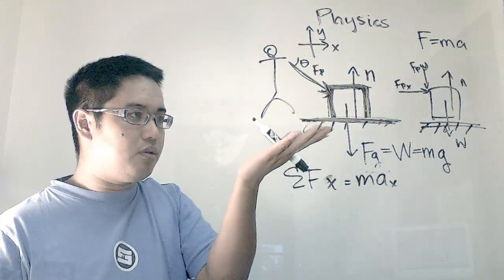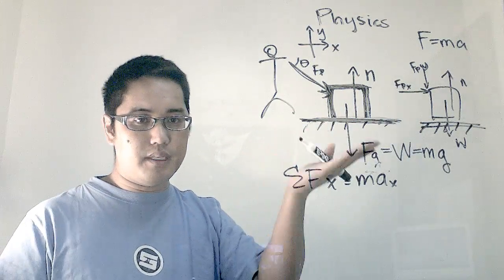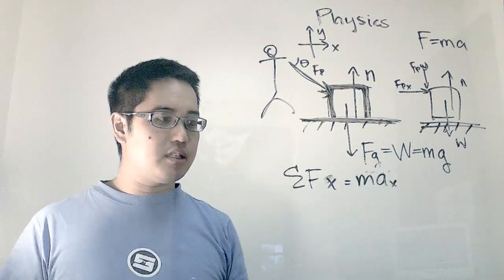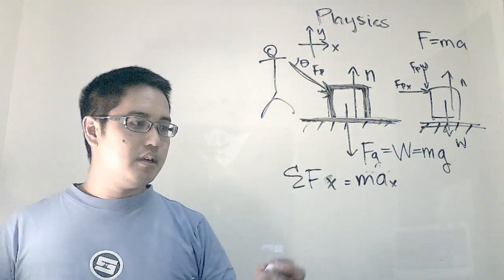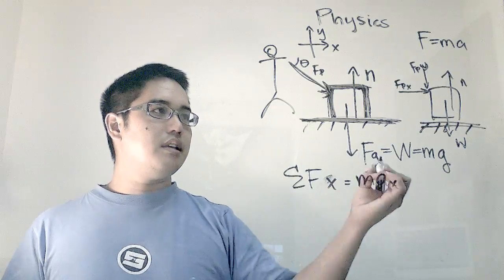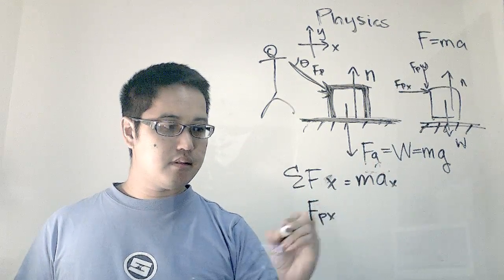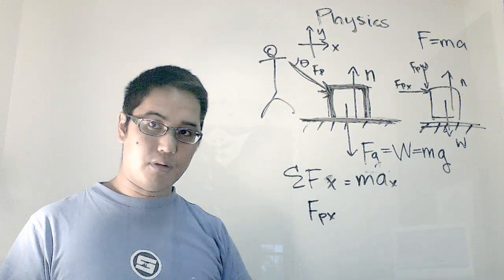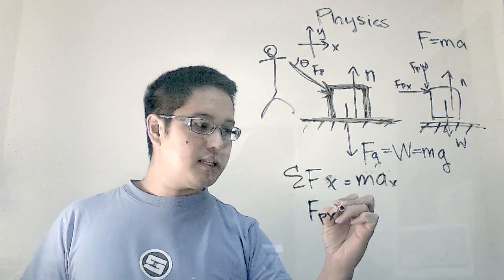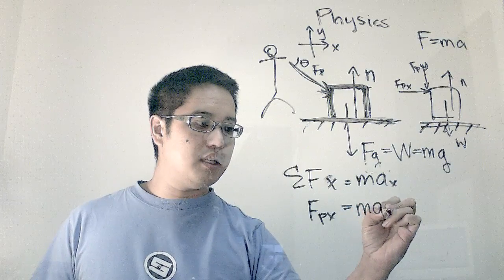No, because you told me that it's sliding across the floor. It could be accelerating, so I'm not going to just cross that out and set it equal to 0. If I add the forces in the x direction, I only have FPX. That's the only one I have, and that's equal to mass times the acceleration in the x direction.